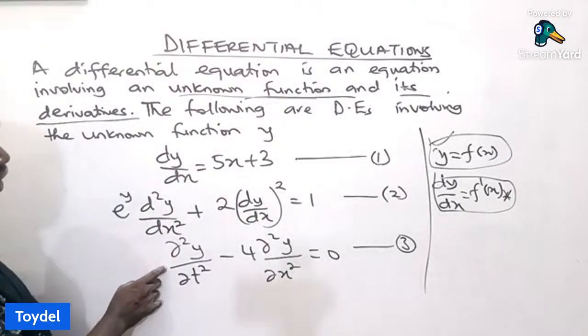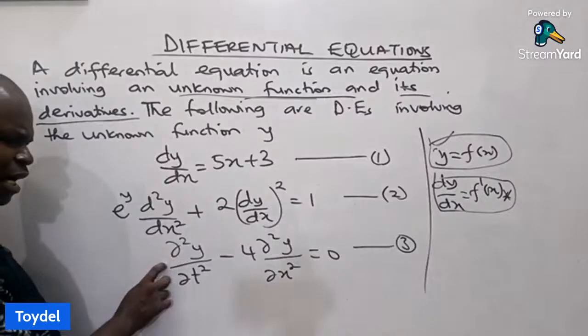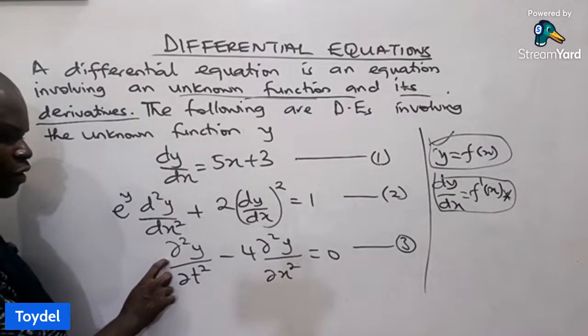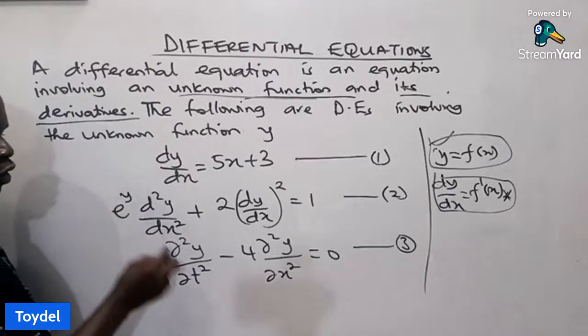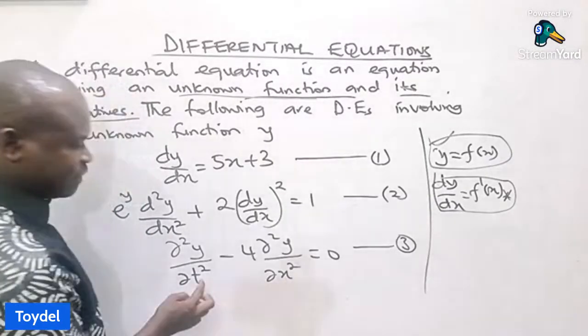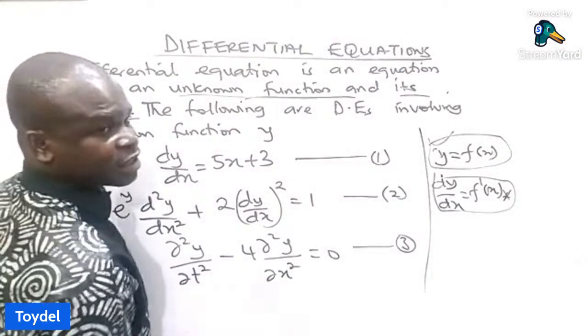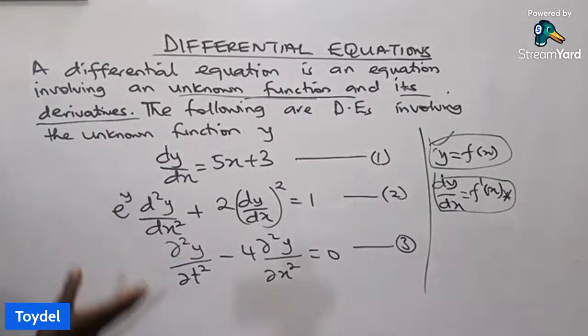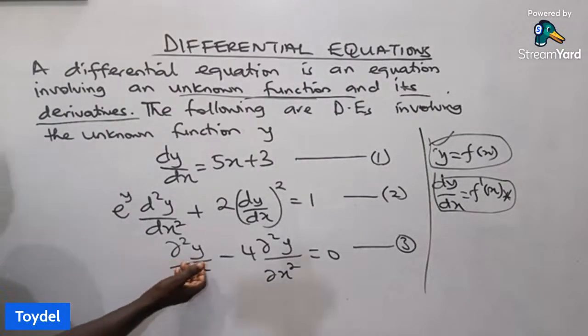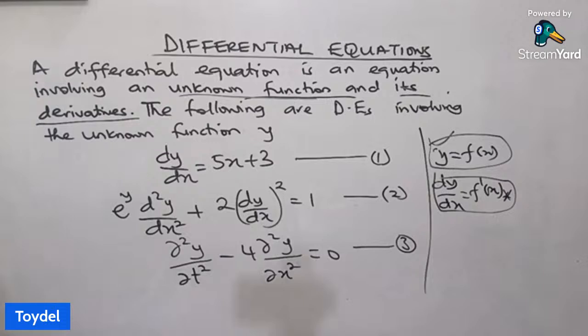But example 3, the partial differential equation, has one unknown function y, which is the dependent variable, but two different independent variables, t and x. So examples 1 and 2 are ordinary differential equations, while example 3 is a partial differential equation.